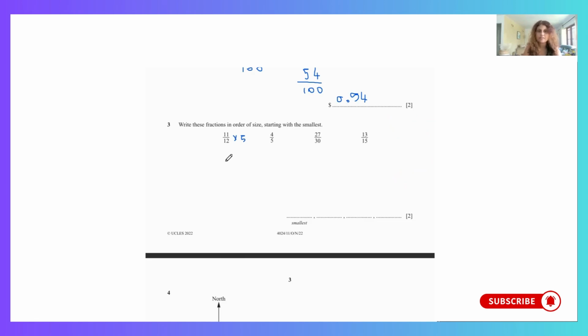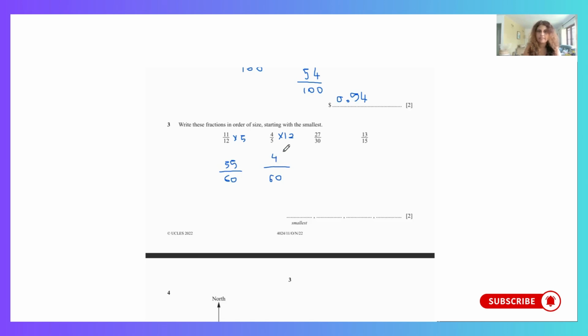So 11 times 5 is 55 and 12 times 5 is 60. Then the fraction will be 55 out of 60. Then the next one, 5 times 12 gives us 60. So this numerator and denominator I should multiply by 12. Then 5 times 12 is 60 and 4 times 12 is 48.